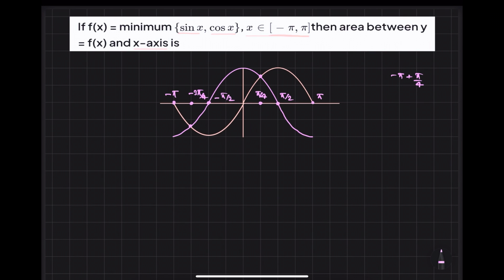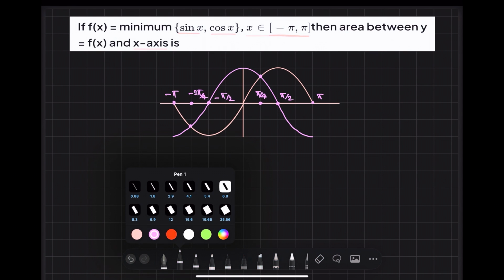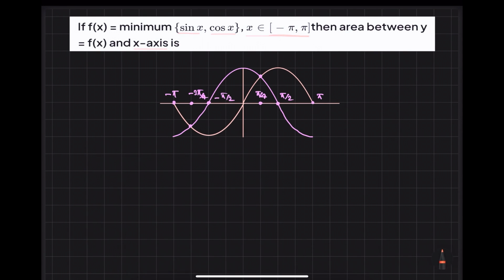Now we have to consider only the minimum part. Okay. So look at this. What are the minimum parts? If you observe, from minus pi to minus 3 pi by 4, this cos part is minimum. Correct? From minus 3 pi by 4 to pi by 4, the part of sine is minimum.